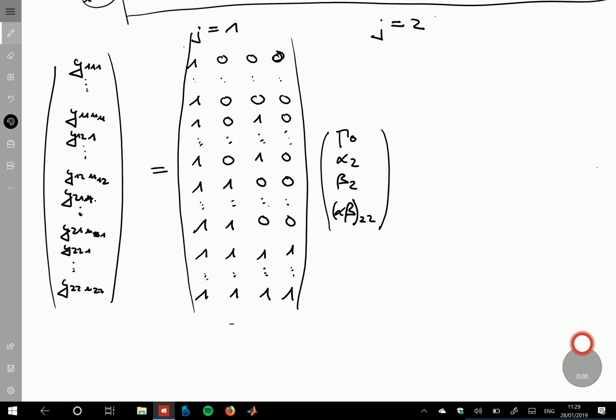So you see basically this kind of pattern in terms of the design matrix. One column of ones, then the ones for the main effects, like this.